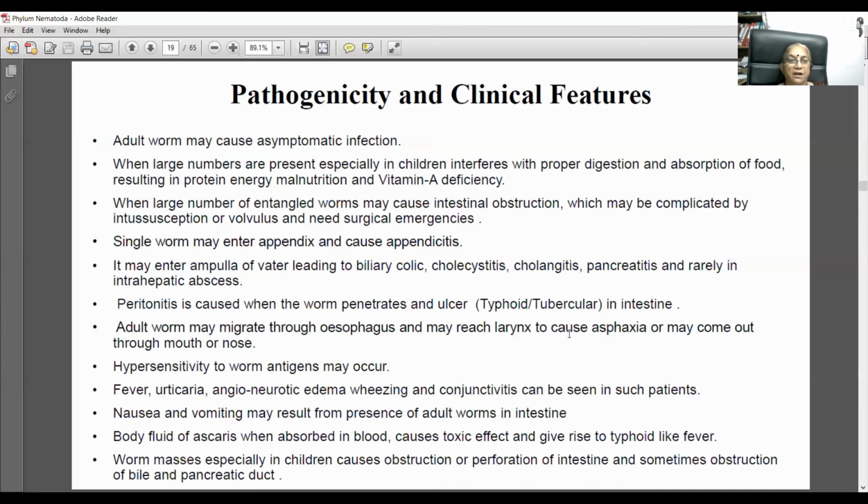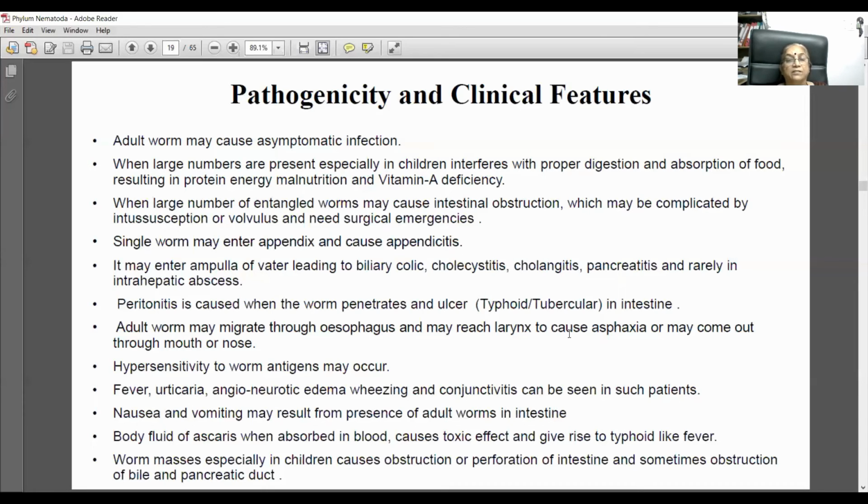Angioneurotic edema. Now, angio means blood vessels, neurotic means nerve cells. When the worms are reaching the blood vessels, they are coming out of the blood vessels and they are invading the nerves. Then angioneurotic edemas are seen. Wheezing is seen when the person's lungs are infected.